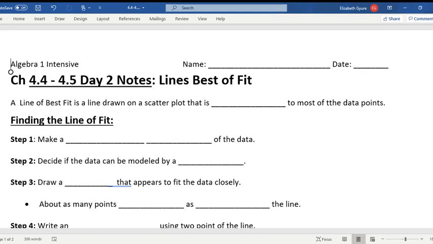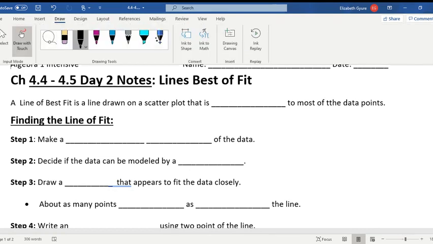All right, so a line of best fit is a line drawn on a scatter plot that is, that word doesn't really make sense, but that is okay. That is representative, or that represents, here, let's change that. I don't like that wording.